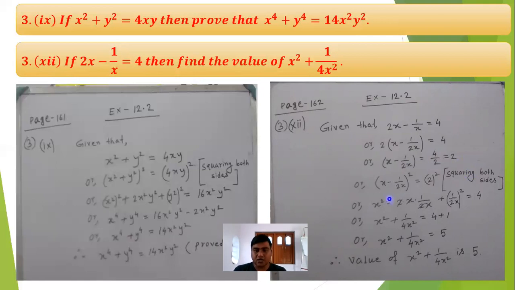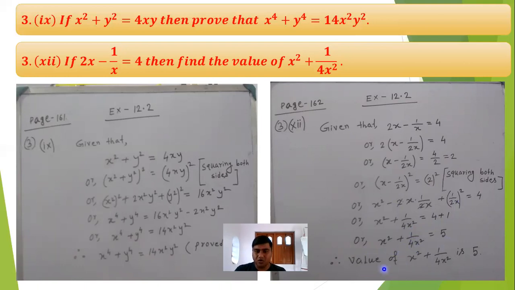Next, squaring both sides. x minus 1 by 2x whole square is equal to 2 square, or x square minus 2 into x into 1 by 2x plus 1 by 2x whole square equals 4. The 2s cancel and the x cancels, so x square plus 1 by 4x square equals 4 and minus 1 on the left hand side goes to the right hand side as plus 1, so 4 plus 1. x square plus 1 by 4x square equals 5.